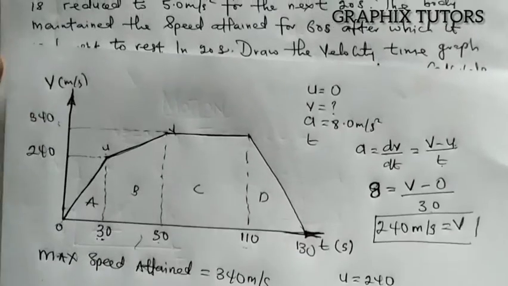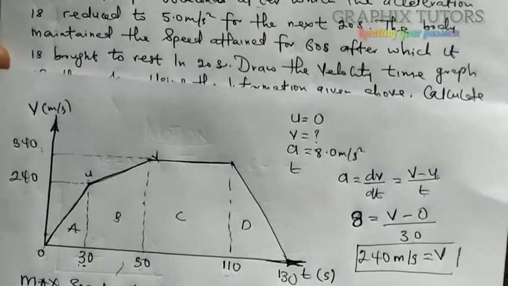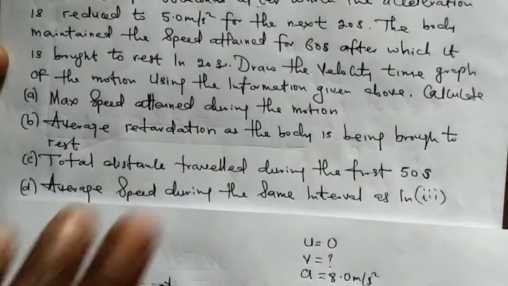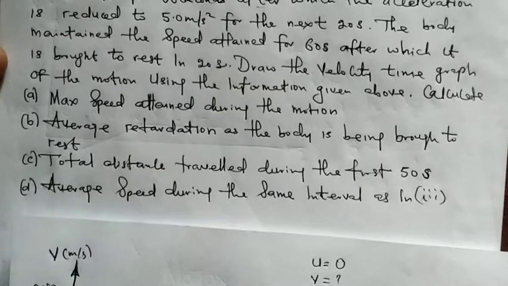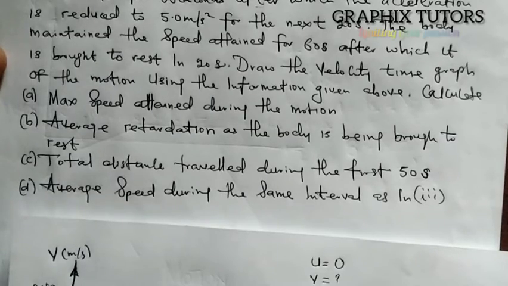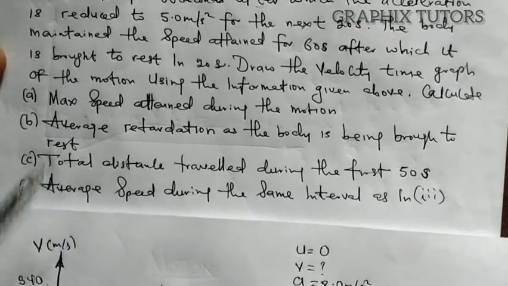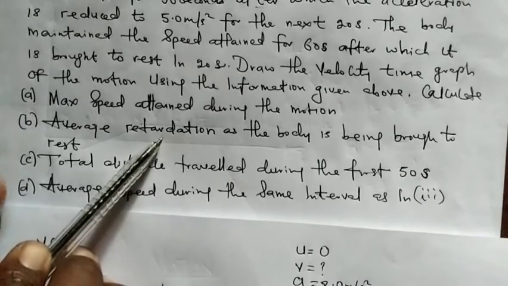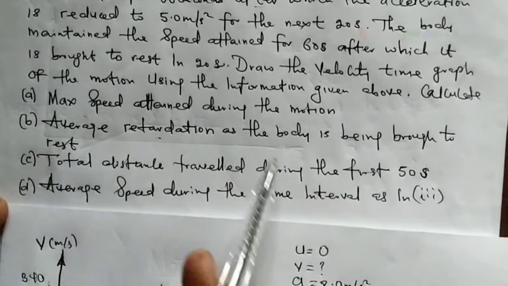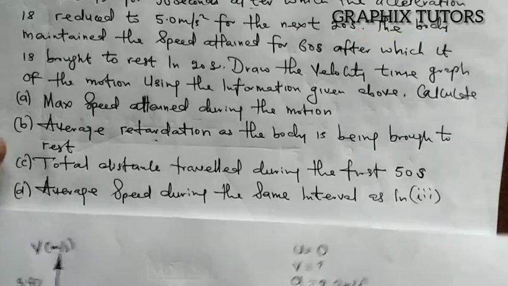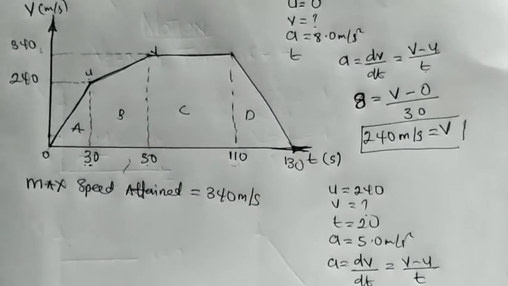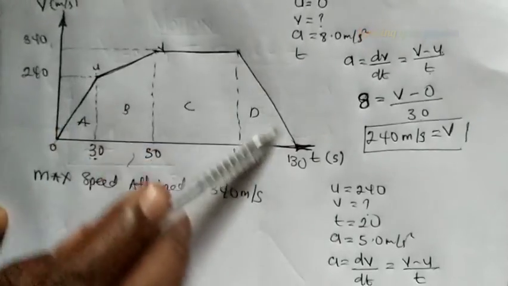Now the next thing that we're looking at is the average retardation as the body is being brought to rest. If you look at the retardation, that is the deceleration. This is what we have, it is coming to rest.